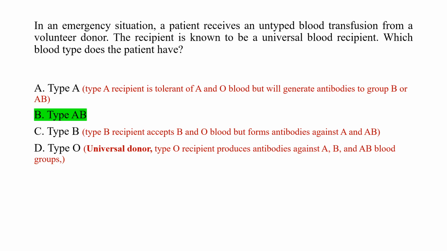Option D is incorrect because a type O recipient is actually the universal donor, but not a universal recipient. They can only receive blood from other type O donors because they produce antibodies against both A and B antigens.